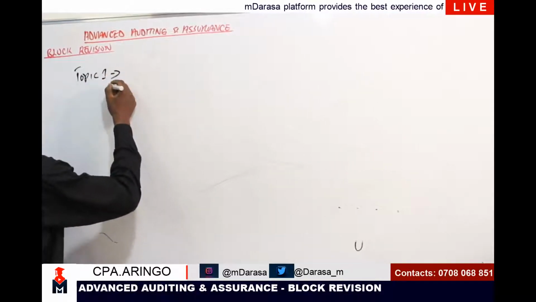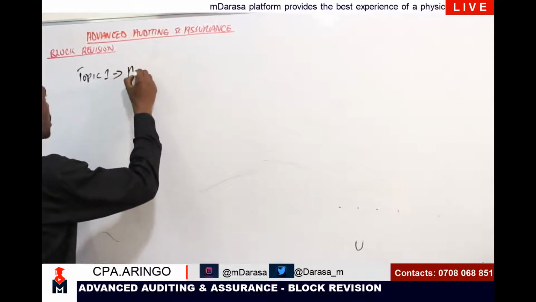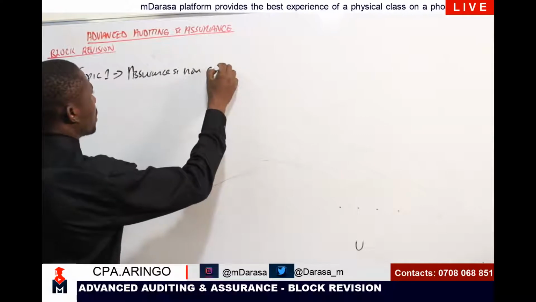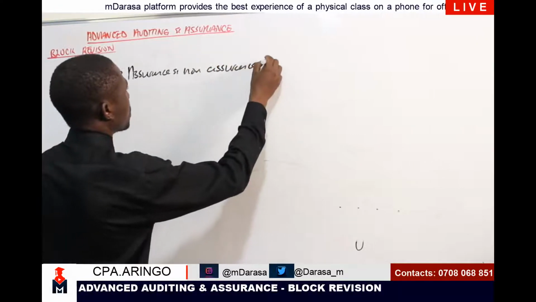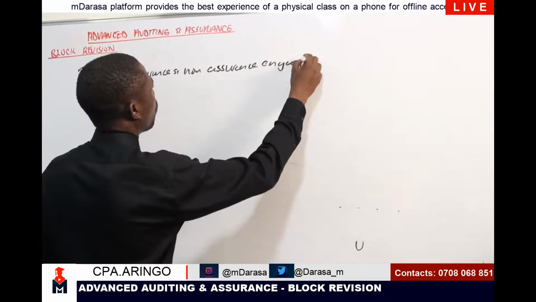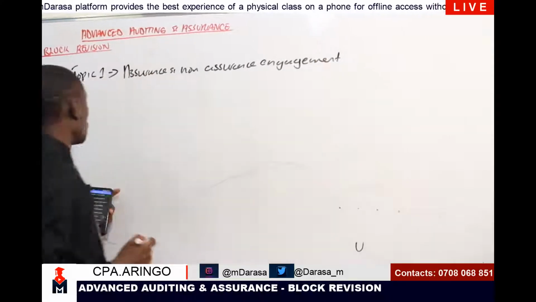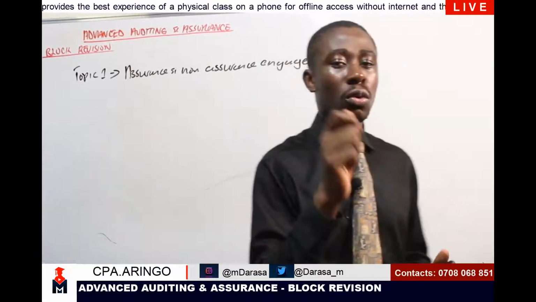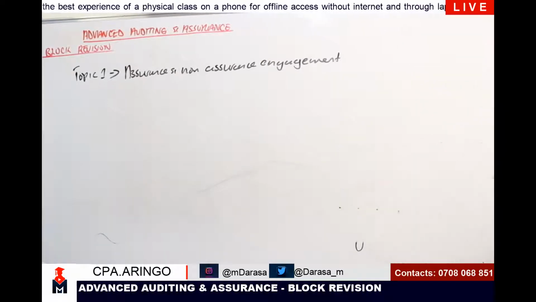Basically, we normally tend to talk about assurance and non-assurance engagement. At any given point, my good student, make sure that you are good in that topic. Before you go to your exams, you should be very good on that topic, assurance and non-assurance engagement.